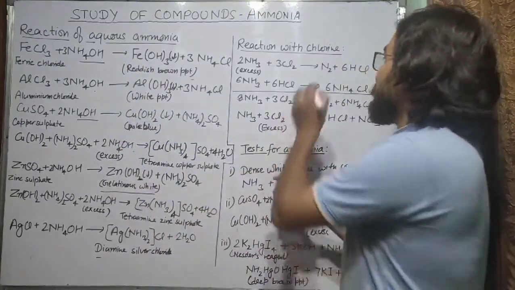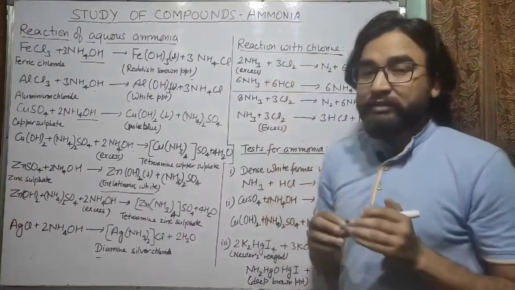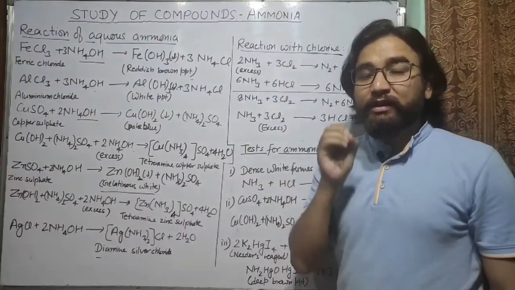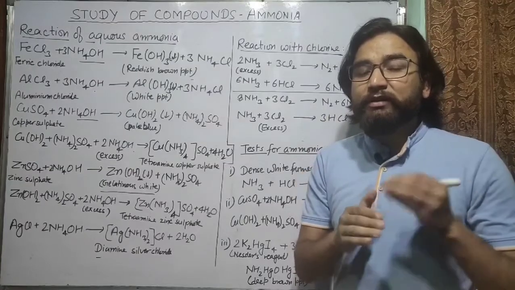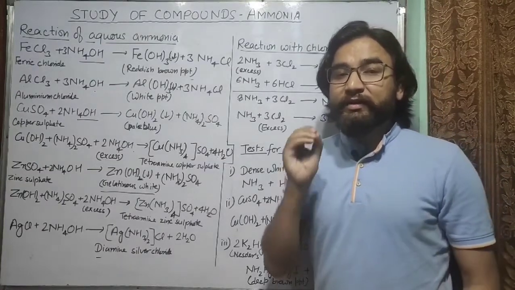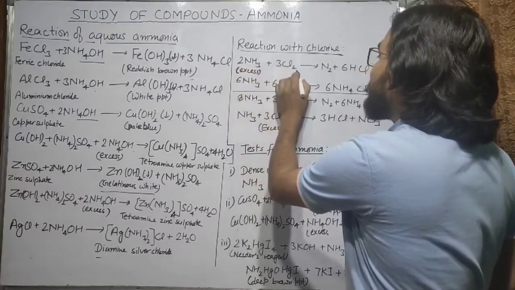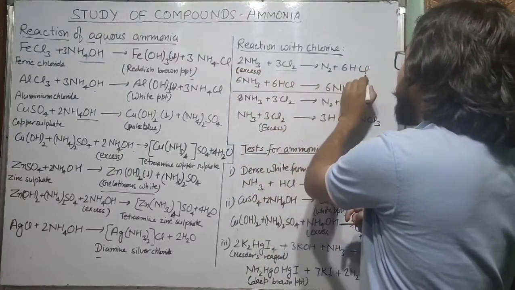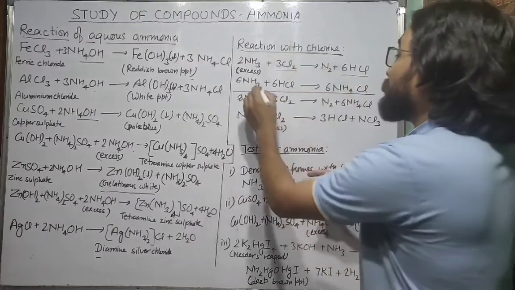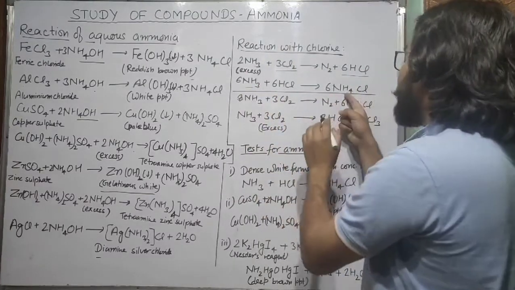The next is the reaction of ammonia with chlorine. This is quite an important reaction because there are two different kinds of reaction, depending on the concentration. If ammonia is in excess, ammonia will react with chlorine and form nitrogen and HCl. HCl will further react with ammonia and form ammonium chloride.